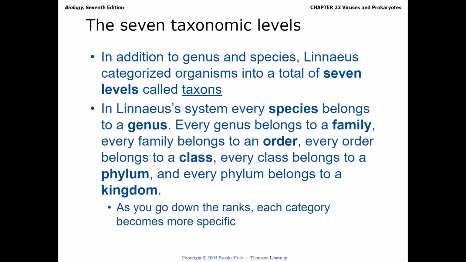Every genus belongs to a family, every family to an order, every order to a class, and every class to a phylum. And then finally, every phylum belongs to a kingdom. As you go down the ranks, each category, in the way that this is written, would become more general. But it is also generally written in the reverse, which would be more specific.